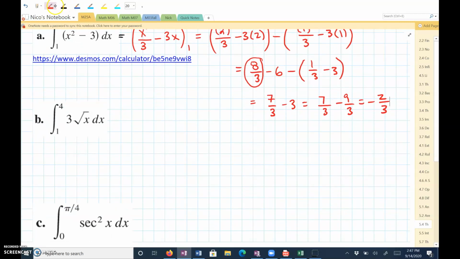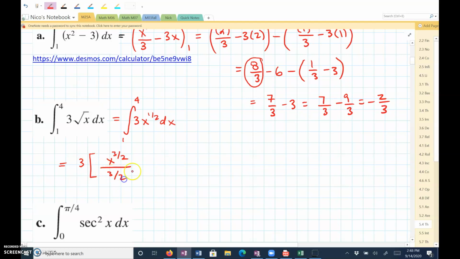Let's look at b. So first of all, to integrate this, I'm going to rewrite it, the integral from 1 to 4 of 3x to the 1/2 power dx, with respect to x. And then if I integrate this, this is going to be 3 times x to the 3/2 divided by 3/2, from 1 to 4.